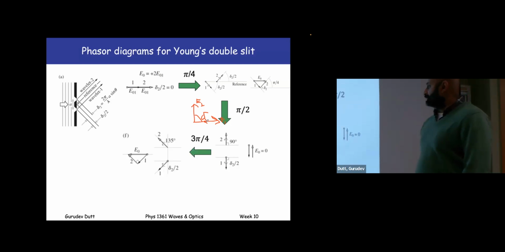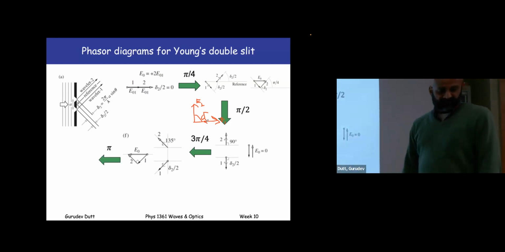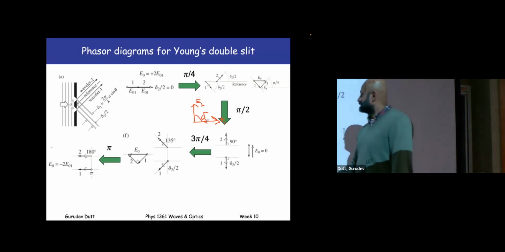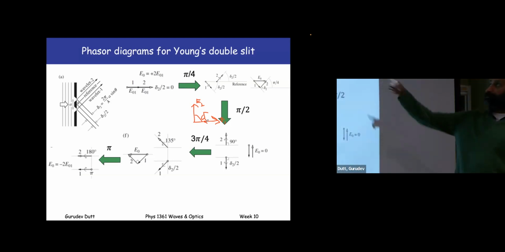3 pi over 4 will now give me again 2 I naught, but now the phasors are pointing in this direction with respect to each other. And then when delta over 2 equals pi, which means delta equals 2 pi, the two phasors are again aligned with each other, so they sum up together, but they're pointing in the opposite direction from the original phase.